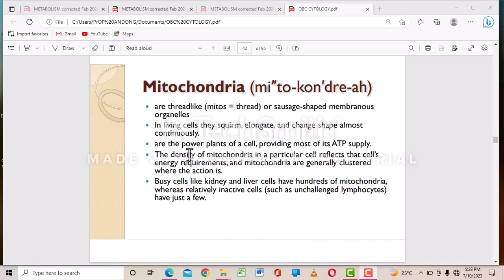That is cells that are highly metabolically active will have a high density of the mitochondria, and cells that are poorly metabolically active have a low quantity of the mitochondria.